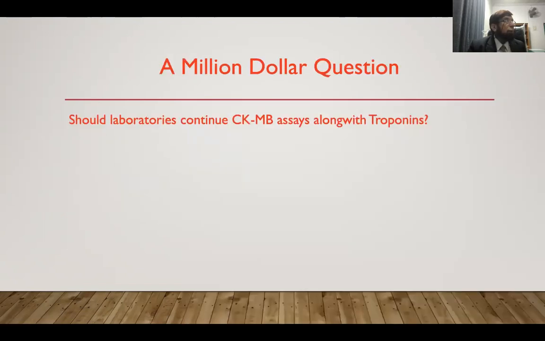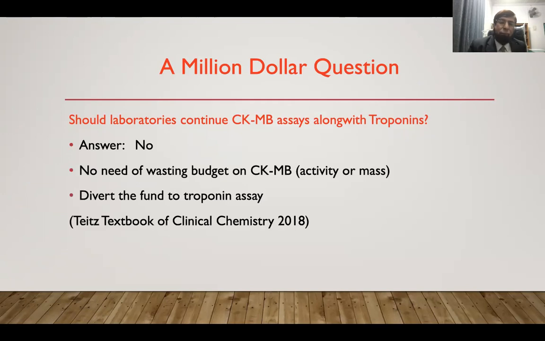Now comes another very important question: should laboratories continue CKMB assays along with troponins? No. We do not need to waste budget on CKMB, because I don't think there is any situation where troponin is not helpful and you have to use CKMB.